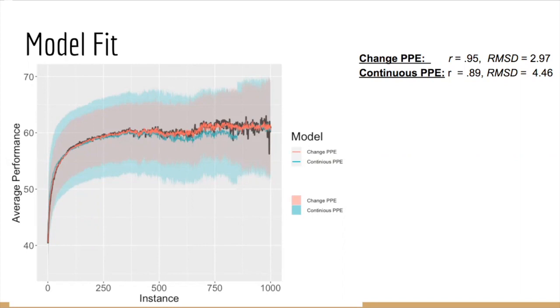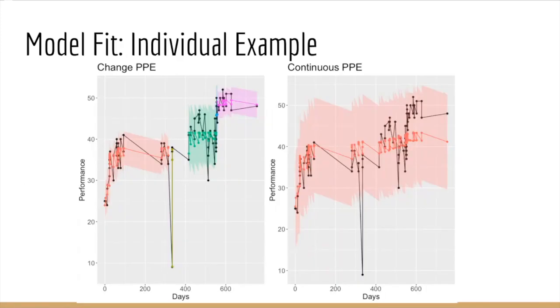However, if we look at performance at the individual level instead of the average, a greater difference between the two models can be seen. Here we see the performance of a single participant where the change PP estimated 4 change points. The change PP's fit is on the left and the continuous PP's fit is on the right.